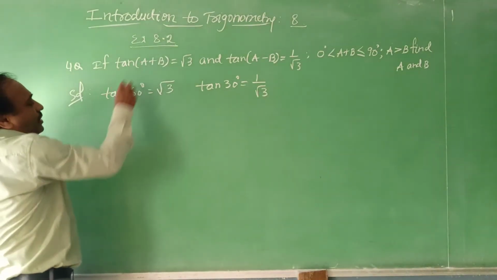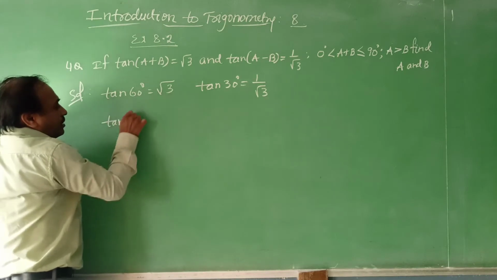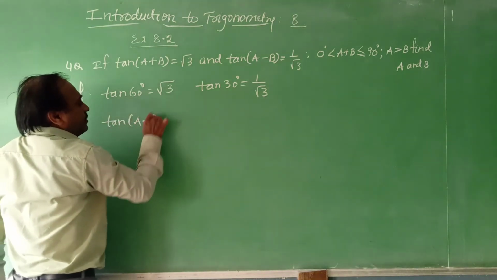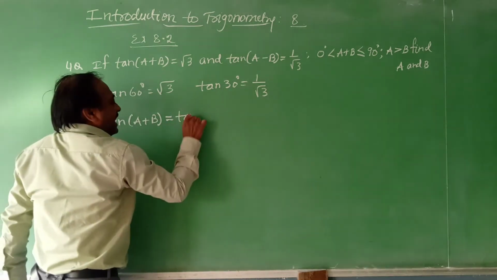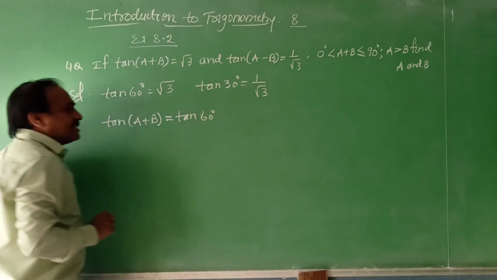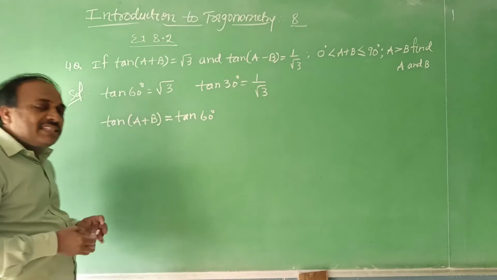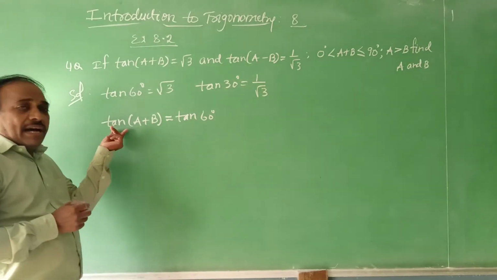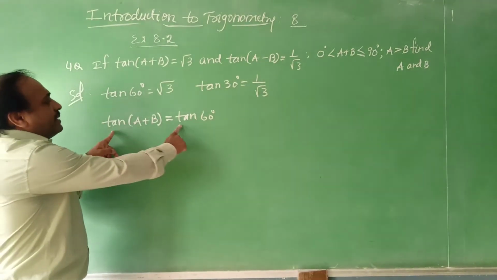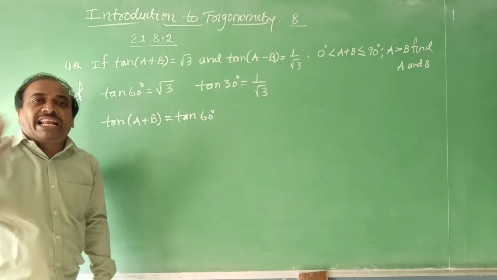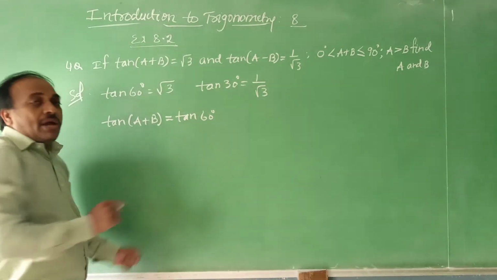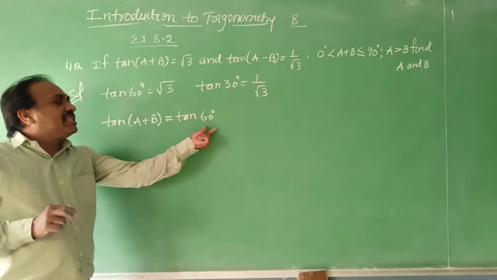Now observe it, tan of a plus b is equals to root 3 can be written as tan 60 degrees. Now both are tan, both the trigonometric ratios are the same. So we are equating a plus b is equal to 60.